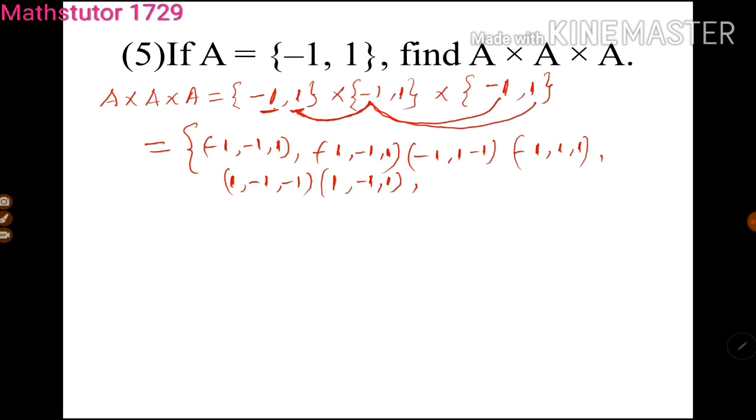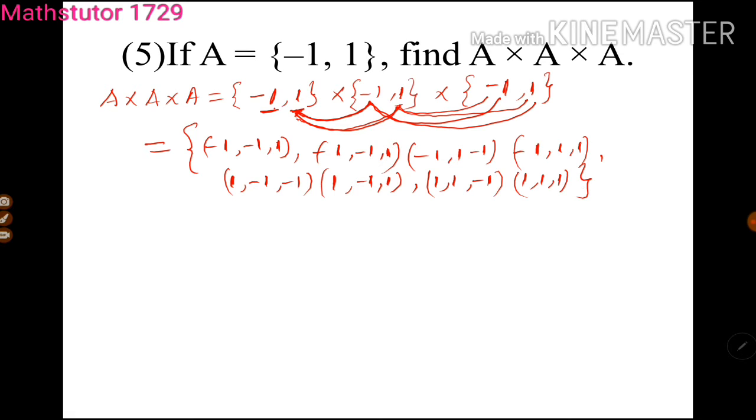Next come to the second one. 1 maps with 1 with -1, 1, 1, -1. Now 1 with 1 and change here 1. So 1, 1, 1. This is the required set.